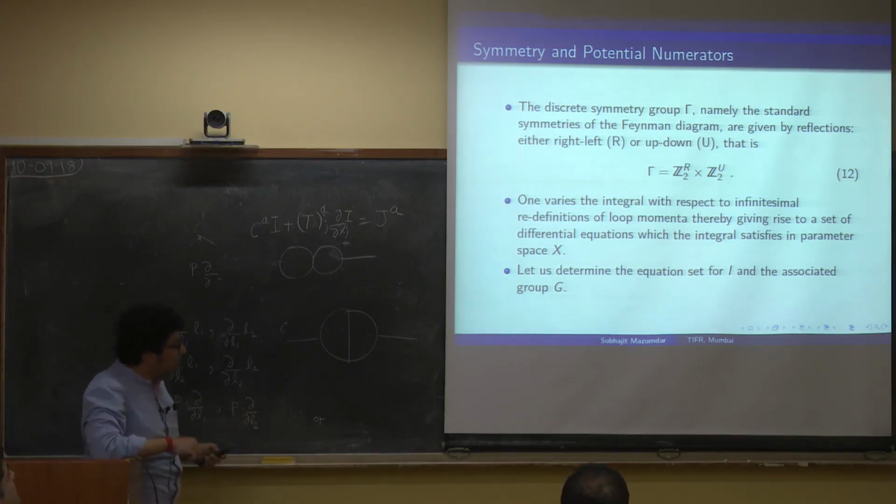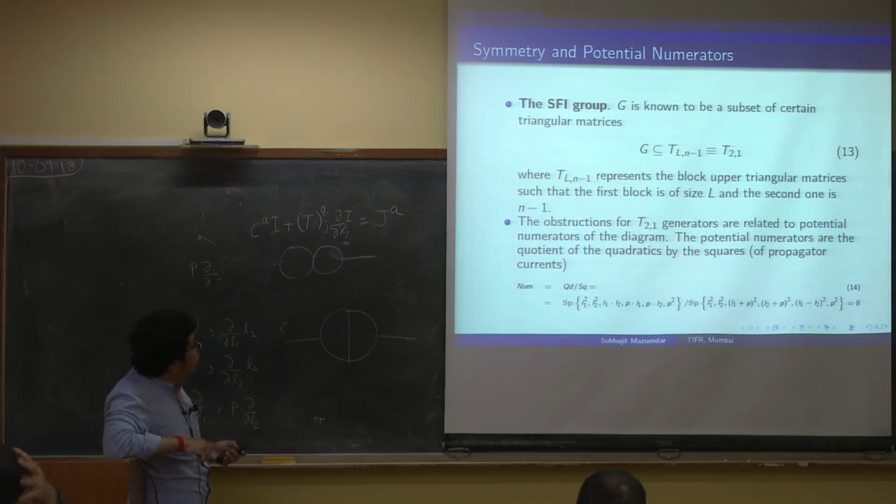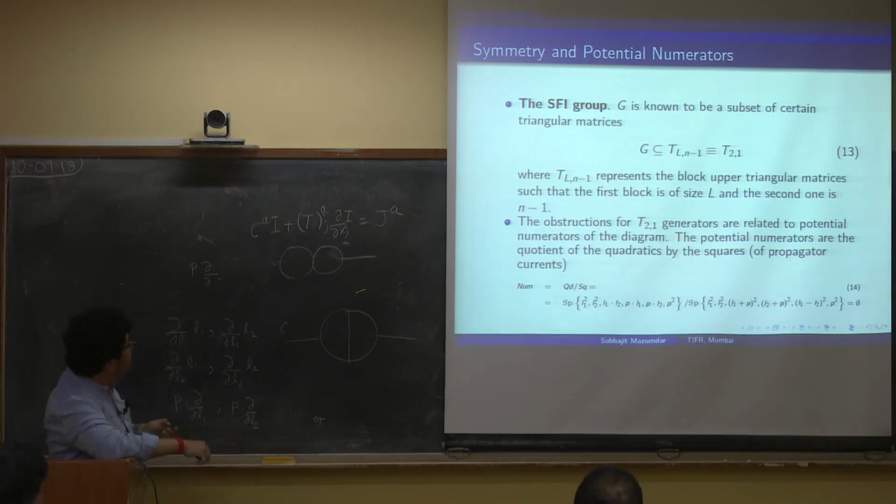And as I told you earlier, if you change the loop momenta, you get the equations in the parameter space and the associated group G. So, for this particular integral, the Lie group associated with this diagram, which acts on the parameter space, is this, which is the upper triangular invertible matrix actually.